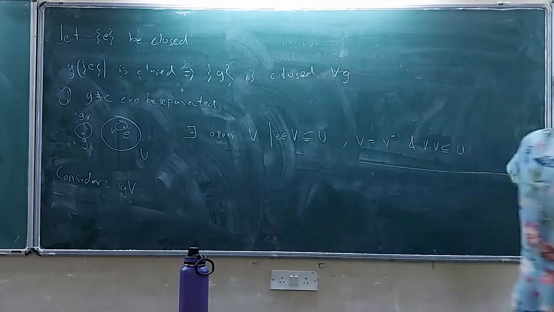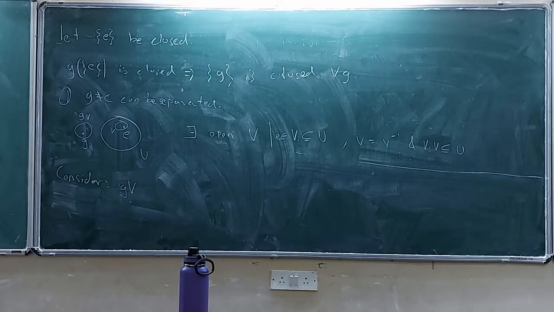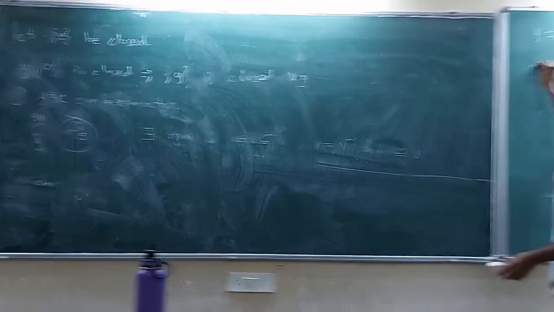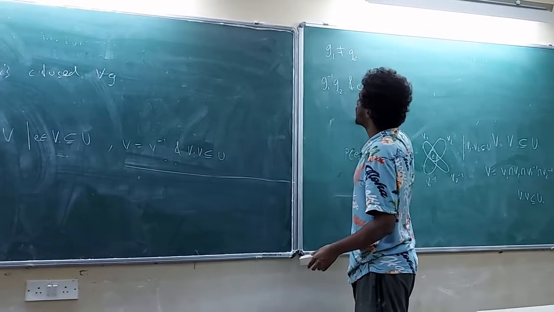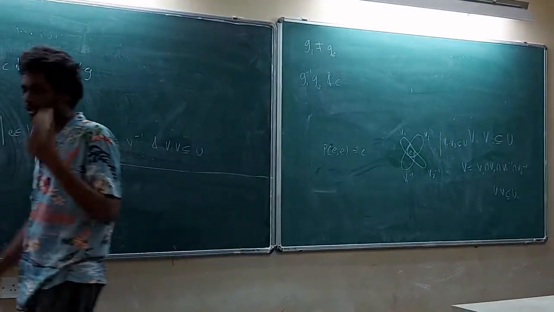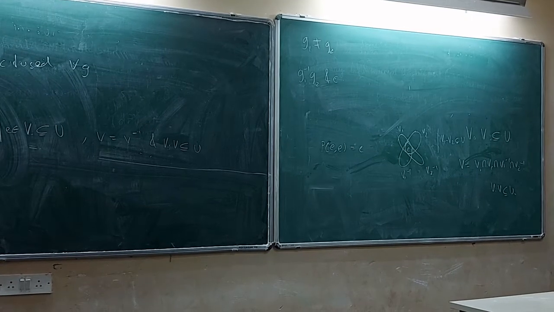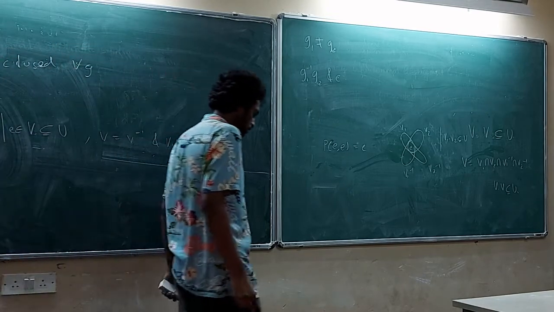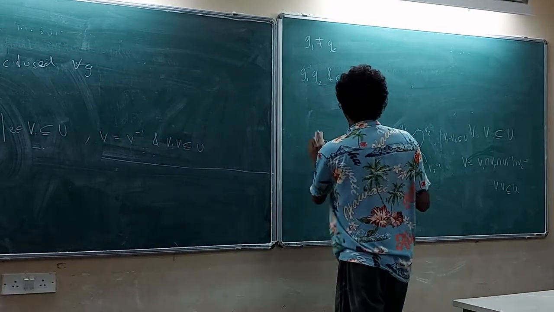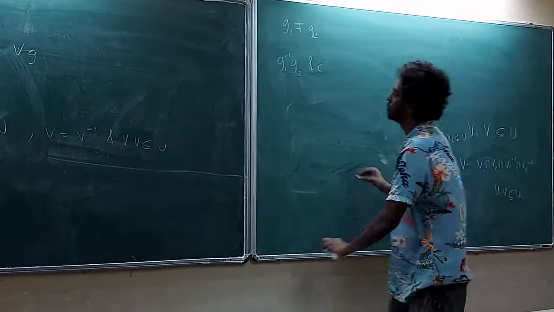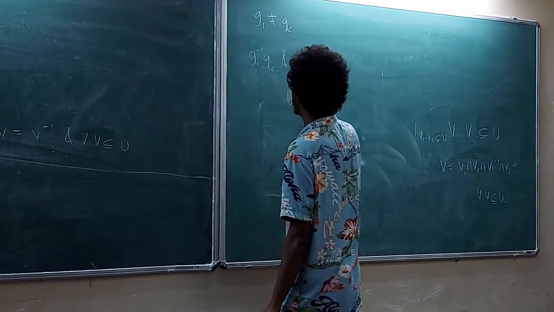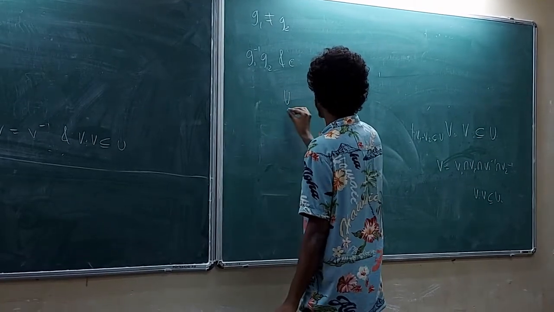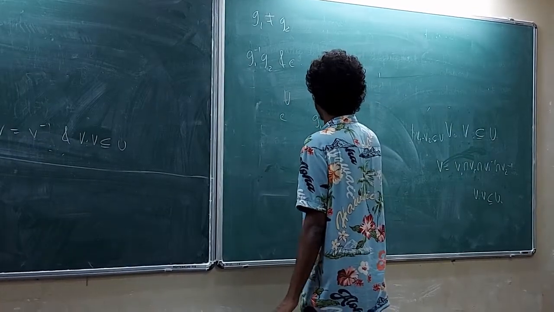I won't give the full proof, but again it is a very trivial thing. If I have any arbitrary g1 not equal to g2, I will consider the element g1 inverse g2 and the identity, and show that these two can be separated. That will imply that g1 and g2 can be separated. Take U containing the identity and V containing g1 inverse g2.